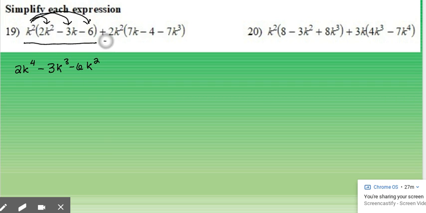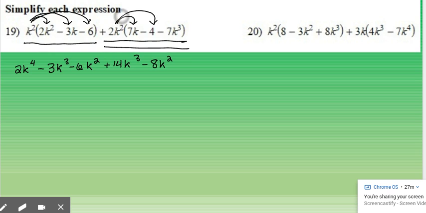And then I'm on to this second distributive property problem. 2k squared times 7k is positive 14k to the third. 2k squared times negative 4 is negative 8k squared. And 2k squared times negative 7k to the third is negative 14k to the fifth.